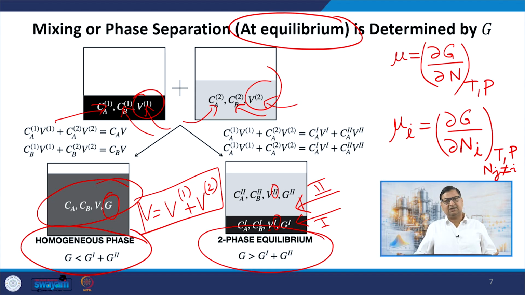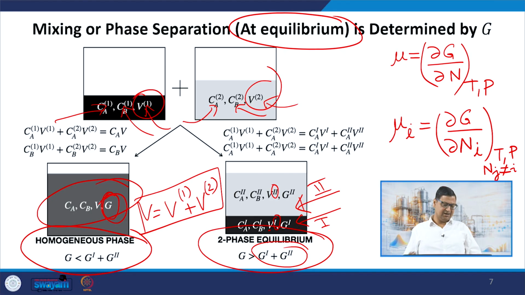So, it turns out that the Gibbs free energy is an extensive property, it depends on quantity, it is also additive, right. So, therefore, the net Gibbs energy of the system is G1 plus G2, and if G1 plus G2 happens to be less than this G, which is found upon mixing, in that case it is going to phase separate, because the system will try to keep its Gibbs free energy at the lowest possible value.